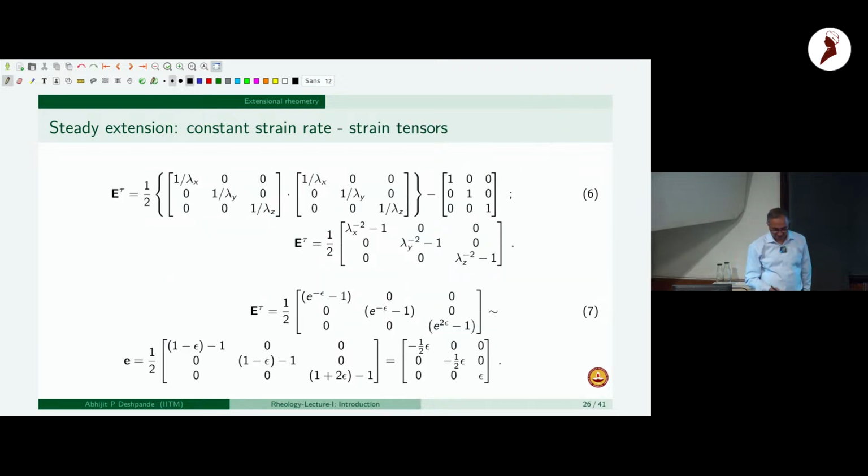And if you look at the nonlinear measures of strain, they can be written in terms of lambda squared, and depending on which one you use, you get 1 over lambda squared or lambda squared, because again it depends whether the present or any other time is the basis. So this particular strain measure gets you 1 over lambda x squared, and when you have small deformations, you again get minus half epsilon and epsilon.